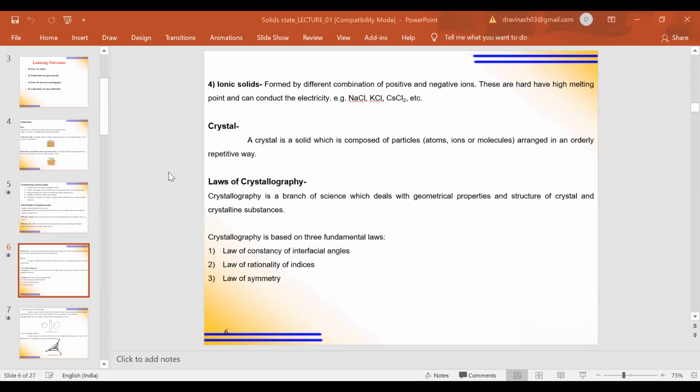And the definition of space lattice or crystal lattice may be defined as an array of points or particles or ions or molecules, showing the atoms or ions or molecules arranged at different sites in three-dimensional space, right?